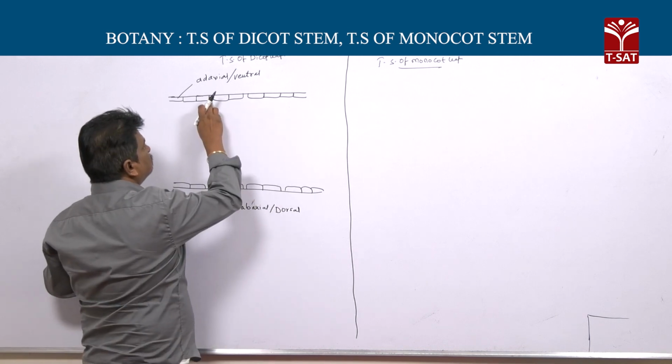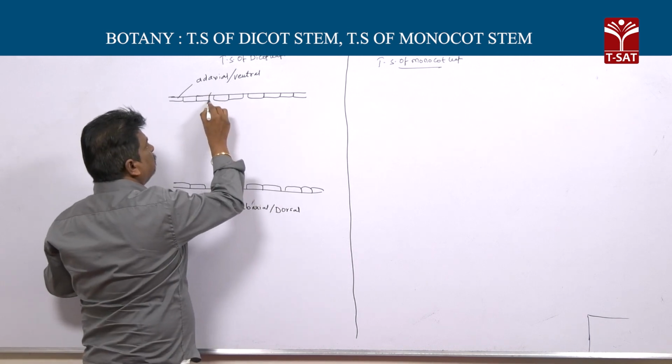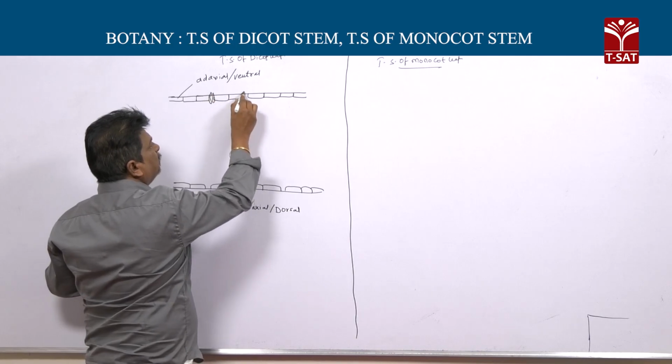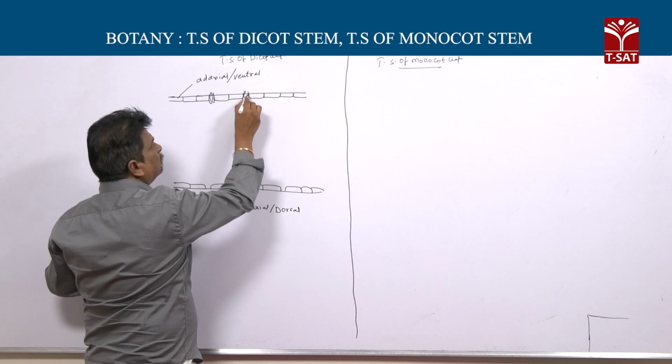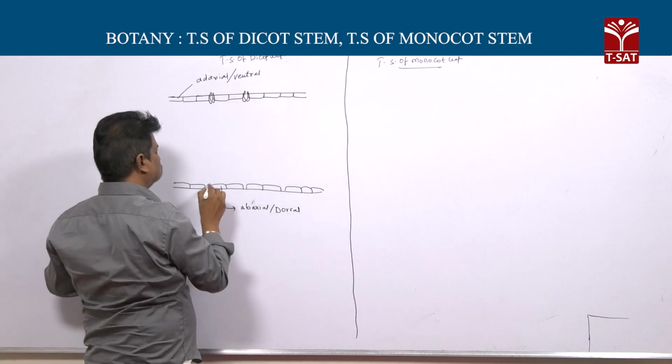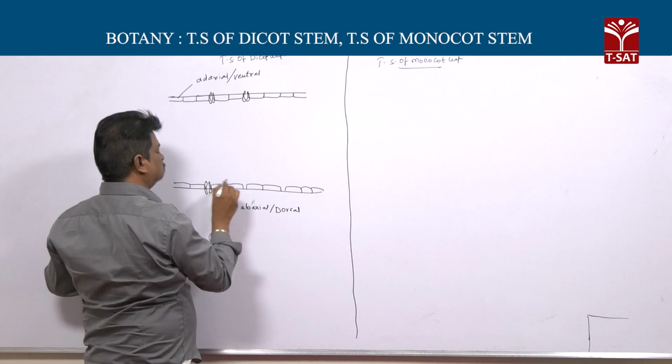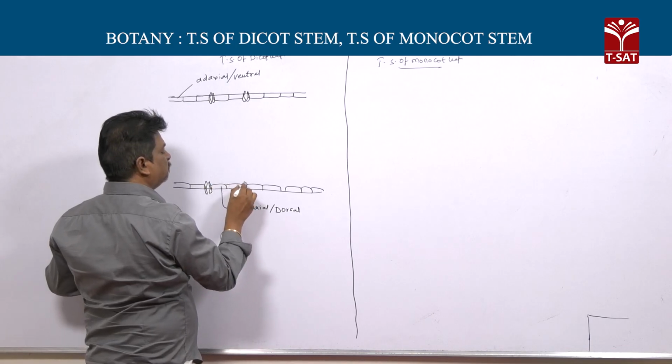On both sides, the epidermal cells are unilayered living cells containing vacuolated protoplast.